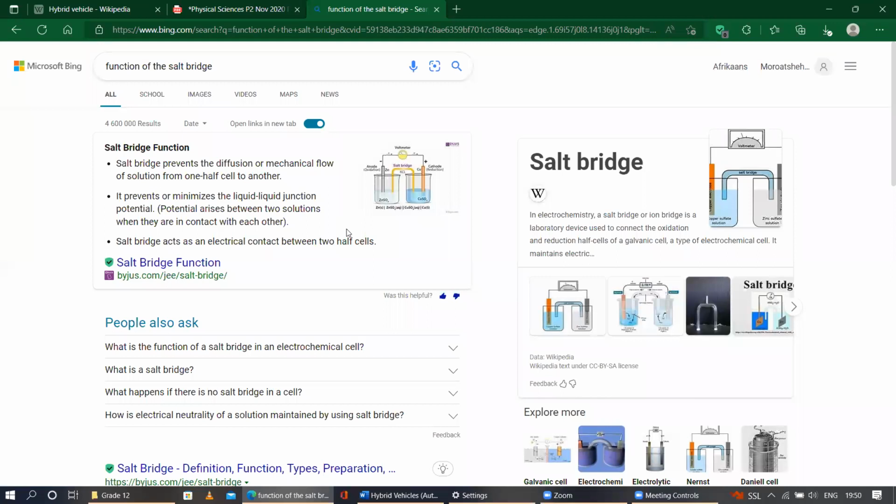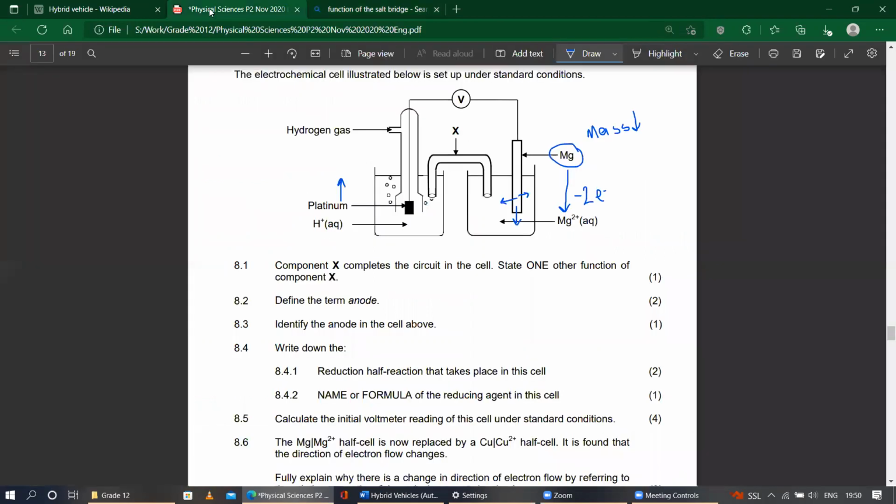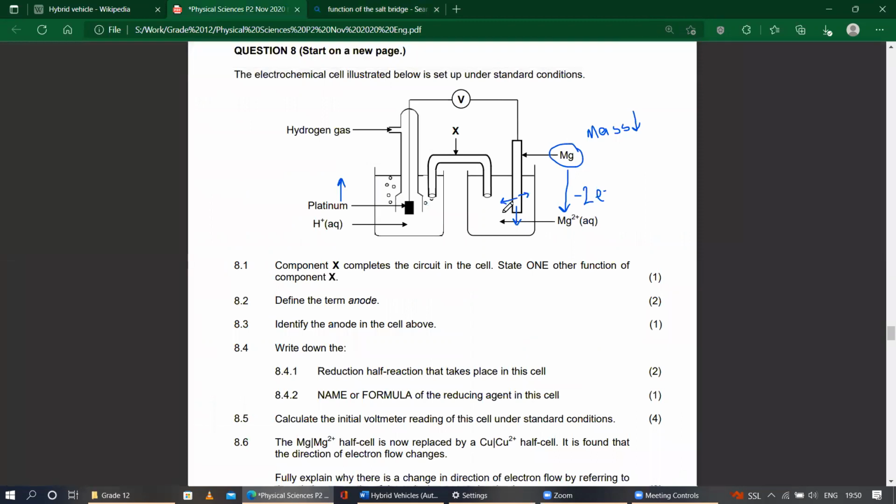So as an electrical contact, that means it's gonna help the electrons to move, and it prevents the diffusion or mechanical flow of solution from one half cell to another. So basically, it also prevents the solutions from mixing. I don't know, I think that makes sense.